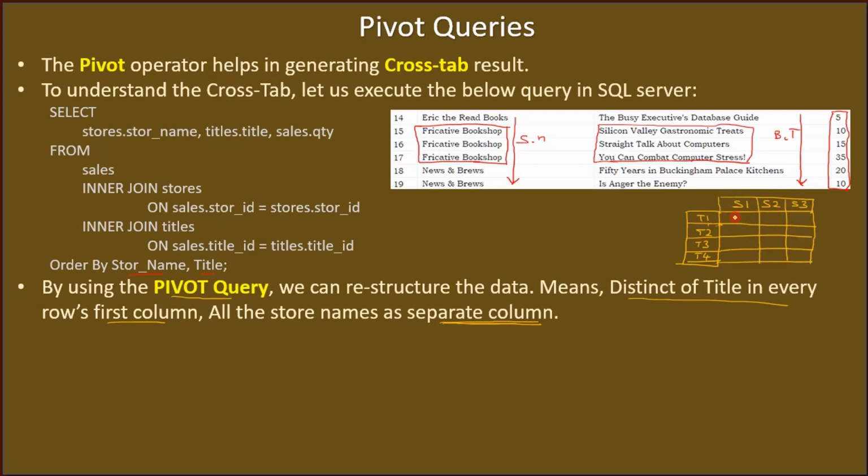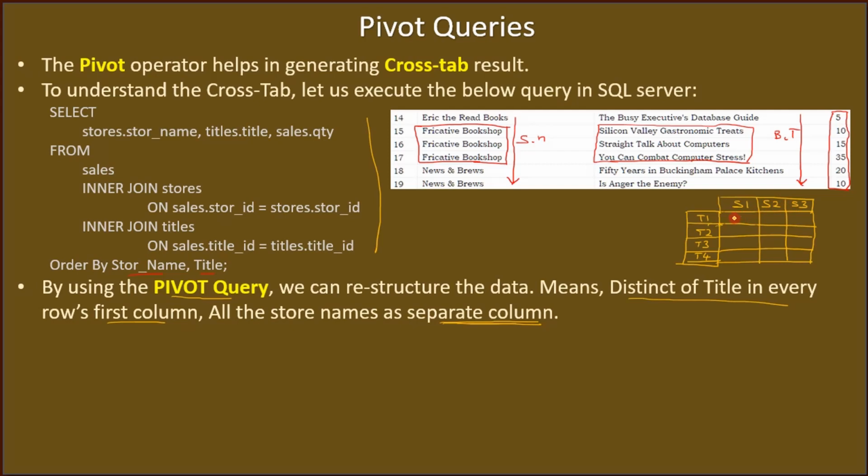If you see here, we restructured the data. So whatever data was previously displayed by the query, that we are going to restructure. The restructure is done in such a way that the first column displays all the titles, then every column displays the store names.